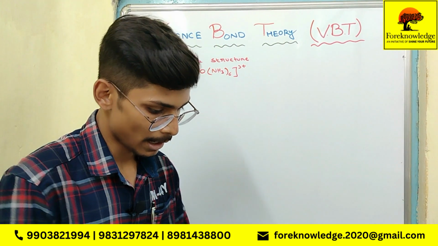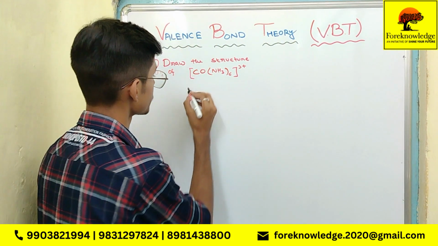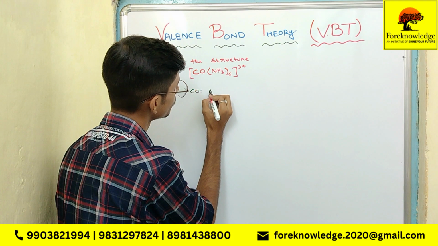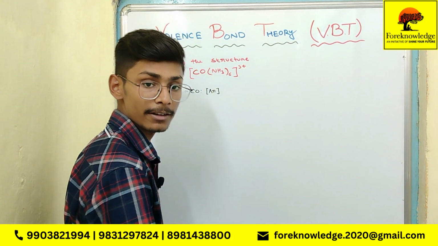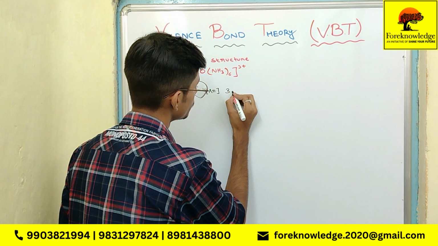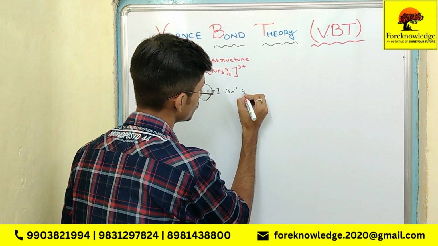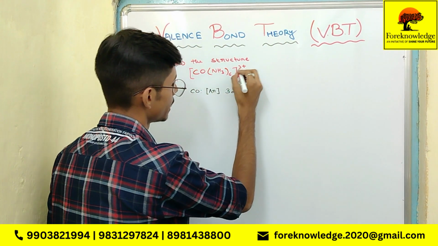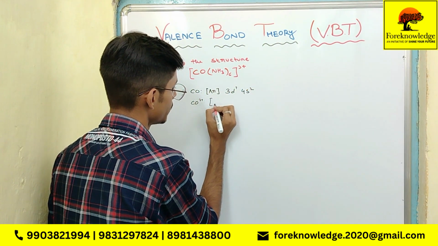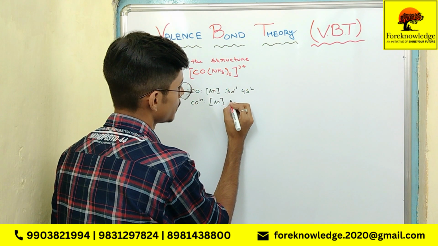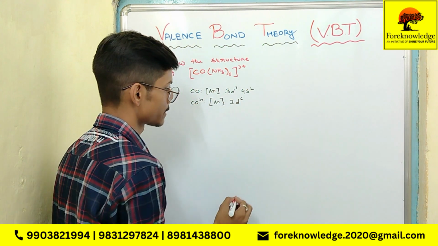So the electronic configuration of cobalt is 3d7 4s2. Here it is 3 plus. So it will be 3d6.